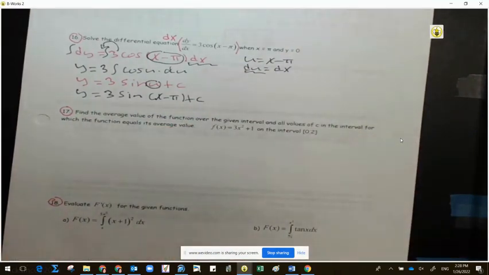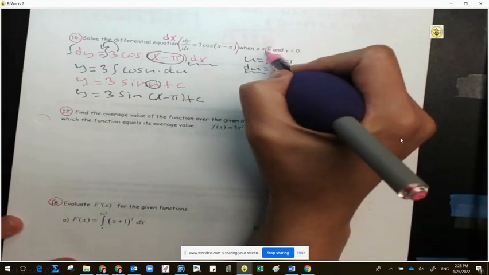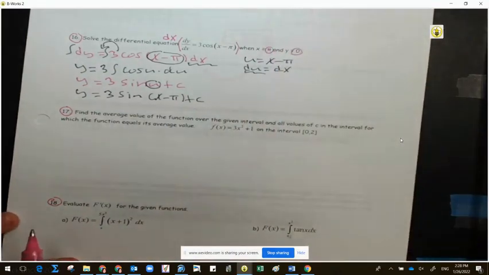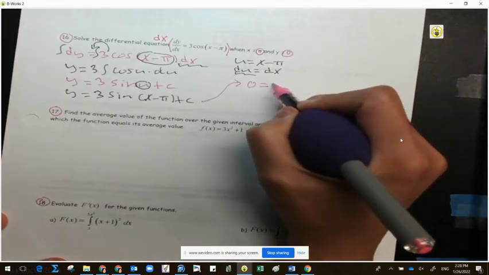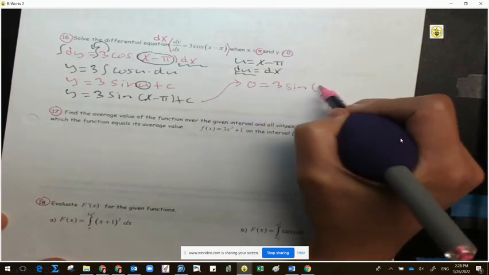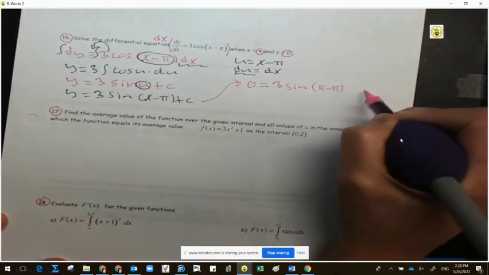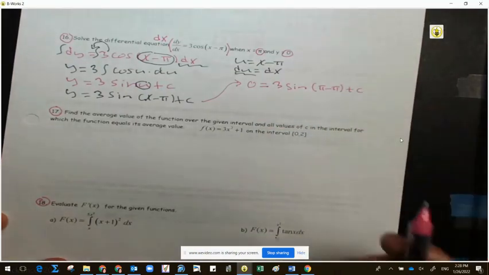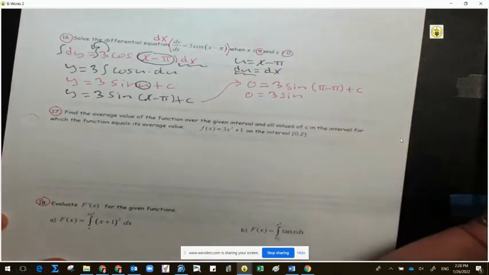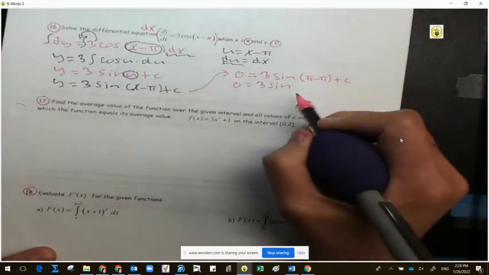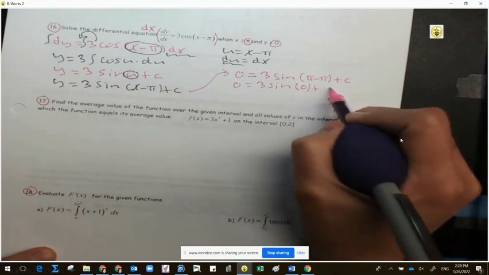So let's see what I know from the given. It says my x is pi, y is 0. Let's plug it in right here. 0 is equal to 3 sine of (pi minus pi) plus c. If I take the same item and subtract it, what do I get? 0 plus c.